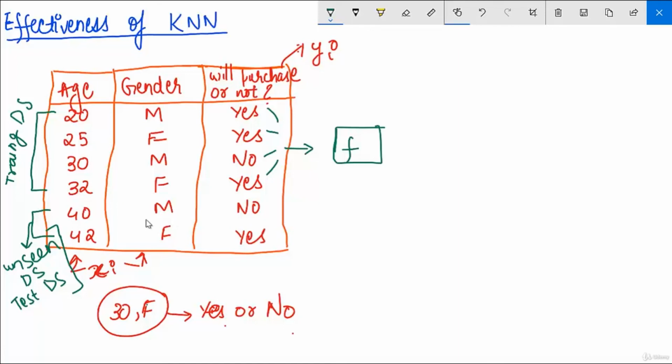I have x and I have y, like x as 40 comma m, and for this I have y as no. So I know y, but since I have named it as test dataset, I can test only with x.